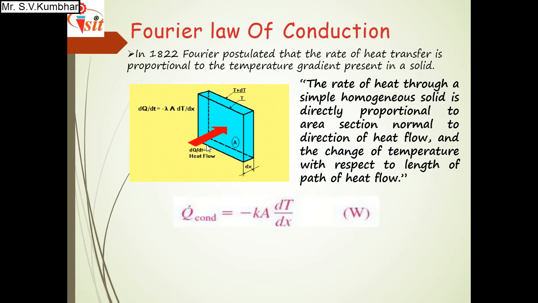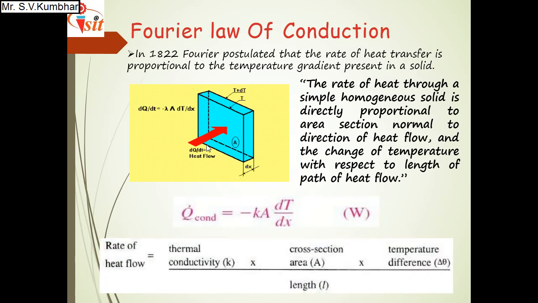The negative sign indicates that the temperature decreases in the direction of heat flow. K is thermal conductivity. So, the rate of heat flow is equal to thermal conductivity times cross-sectional area times temperature difference between those two faces divided by length.